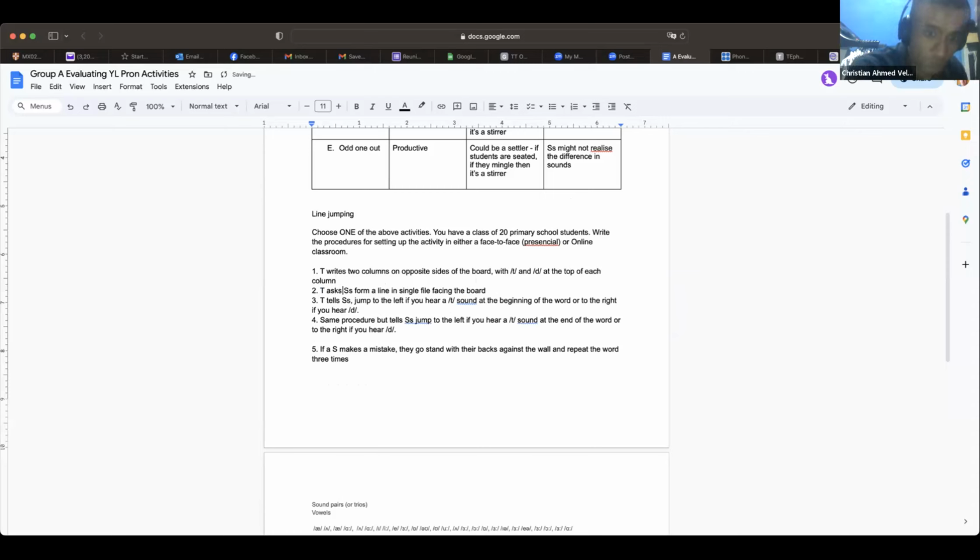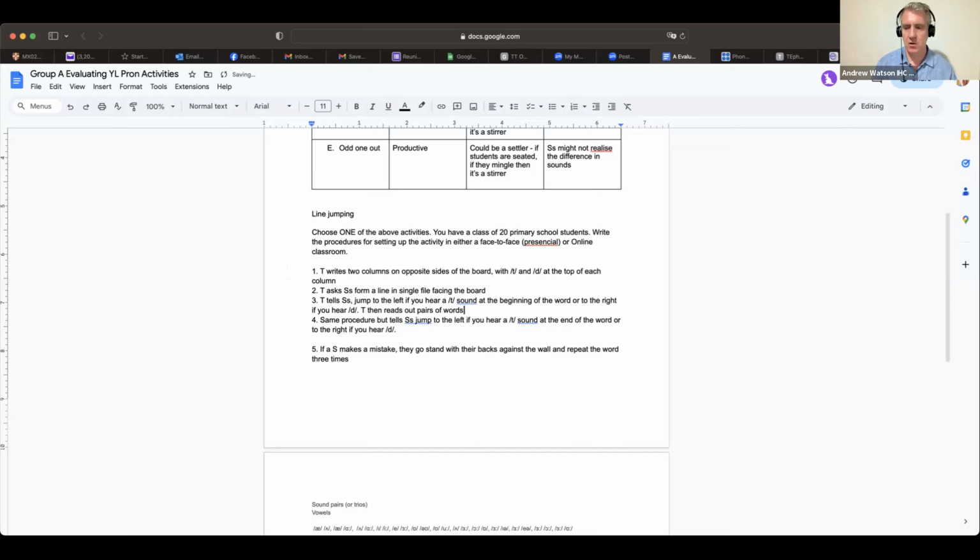Okay, so can you read the next one? The teacher tells the students to jump to the left if you hear a T sound at the beginning of the word, or to the right if you hear this sound. We forgot to mention that the teacher then reads out the words, reads out pairs of words.